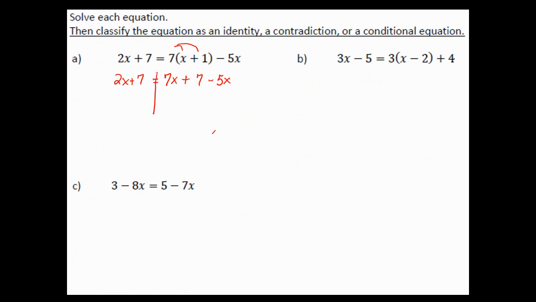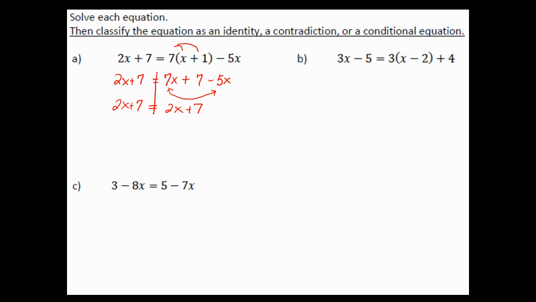Okay, so remember, we want two pieces on each side, so we need to combine like terms. This side is fine. 7x's minus 5x's is 2x's plus 7. Okay, so you can see right here that this is going to be an identity. 2 times what number plus 7 would be equal to 2 times what number plus 7.